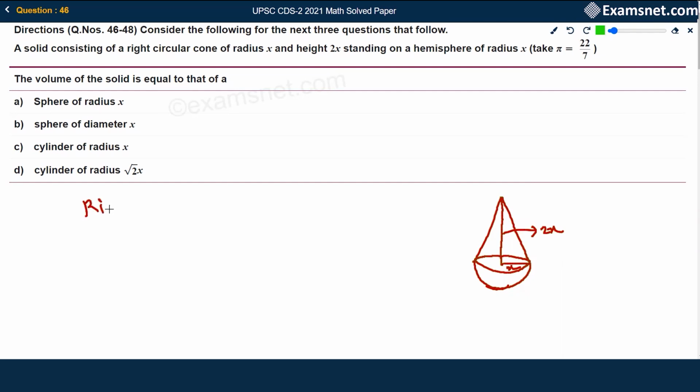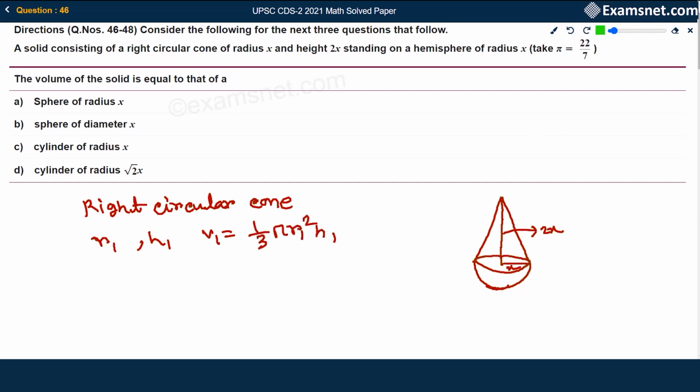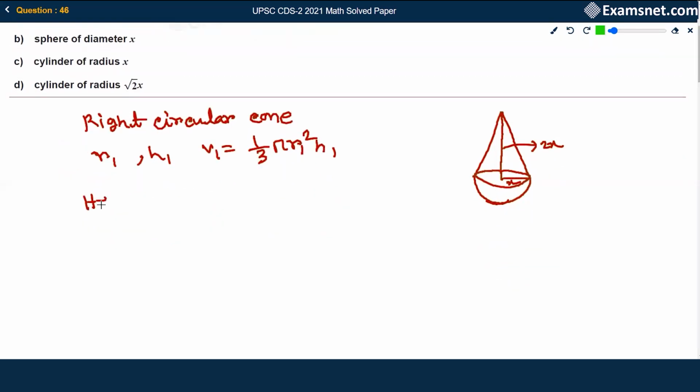We know that for a right circular cone, if R1 is the radius of the base and H1 is the height, the volume is 1/3 pi R1 square H1. And for a hemisphere, if R2 is the radius of the base, the radius and height are the same.